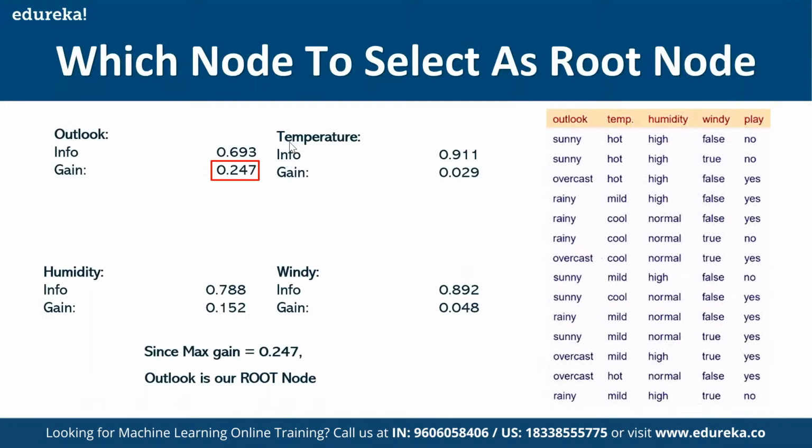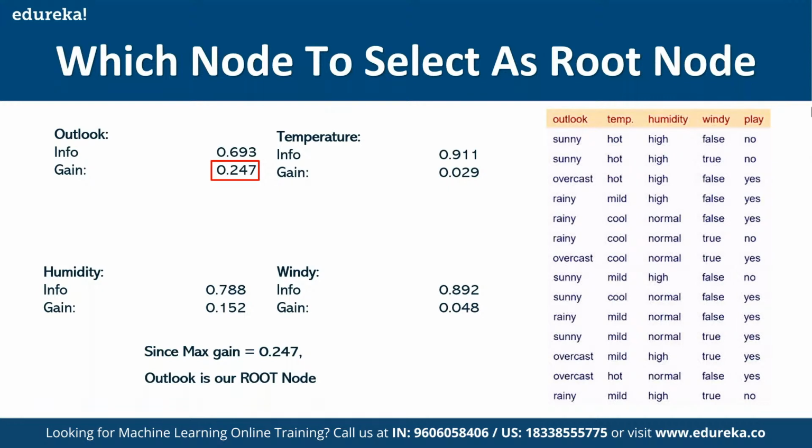Now, these were the four different variables I have: outlook, temperature, humidity, and wind, right? I am calculating the information gain for each one of them, and the information gain I got for outlook is 0.247. So if the information gain is highest in a particular feature, that feature will become your root node.